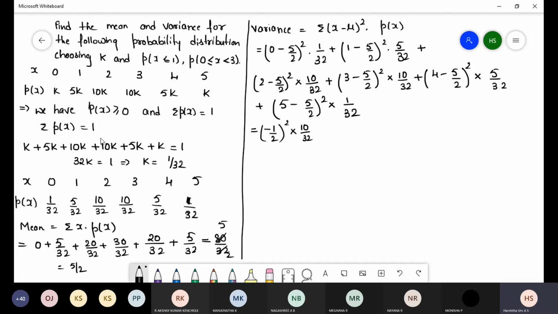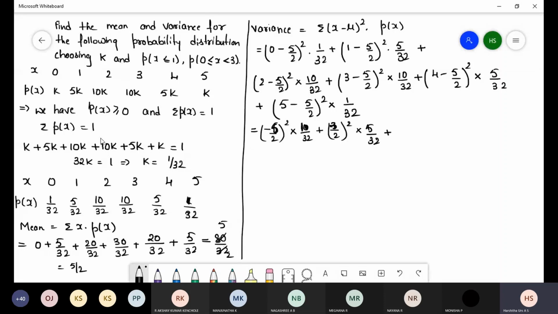Again minus 3 by 2 whole square into 5 by 32.